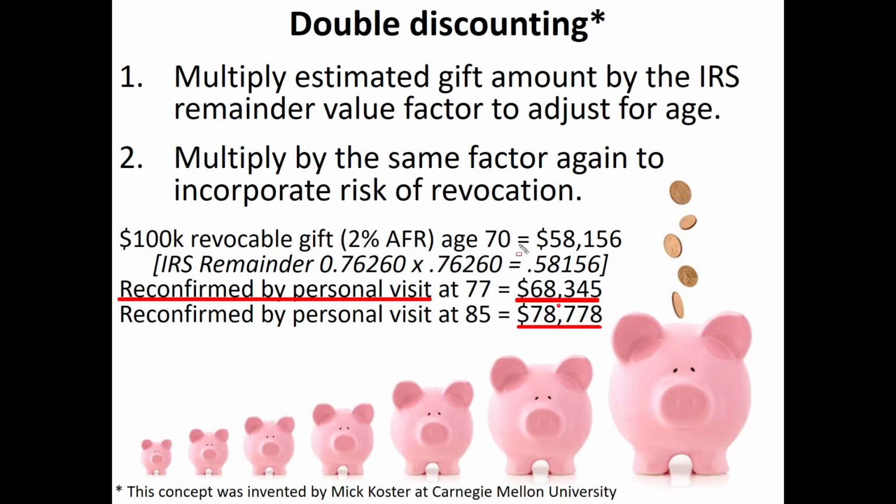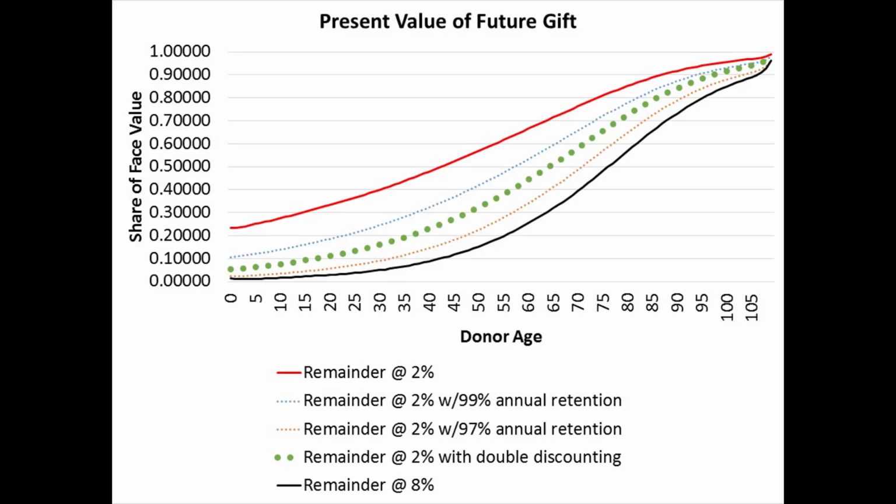And this increased valuation actually increases in its velocity as the person gets older and older. So that is a concept of double discounting that allows you to make some estimation of that difference, and it allows you to take into account what the interest rates are as well.